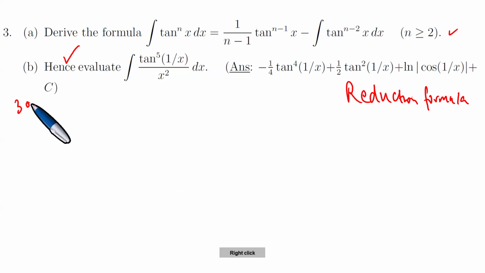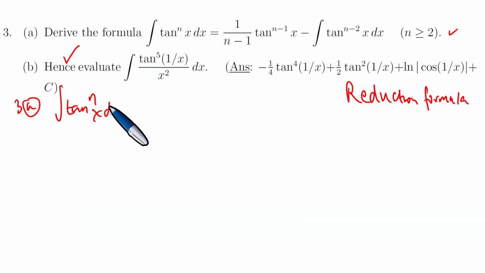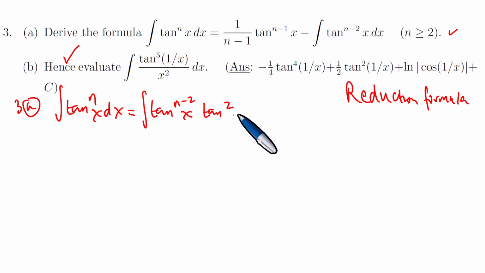So let's look at the integral of tangent to the n of x dx, which is the tangent of n minus 2 of x times tan squared x dx. You can write it exactly that way.